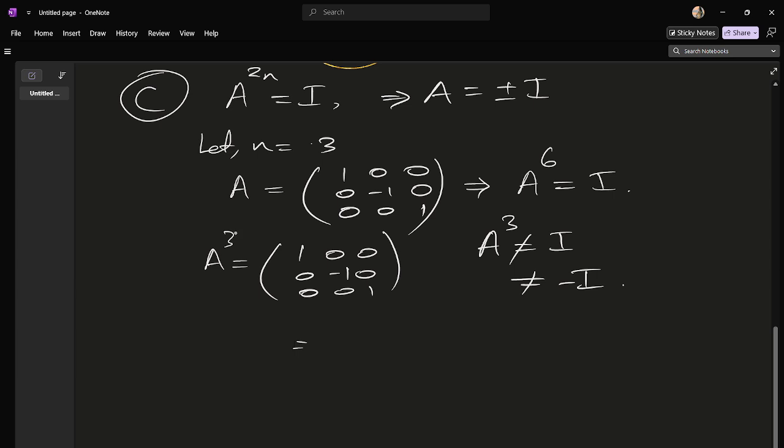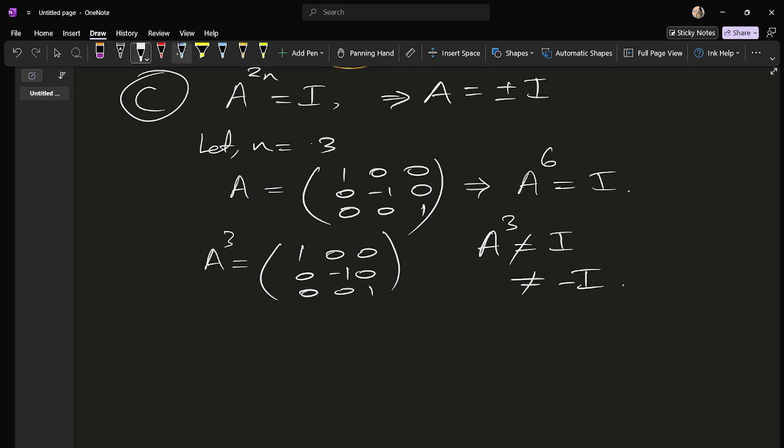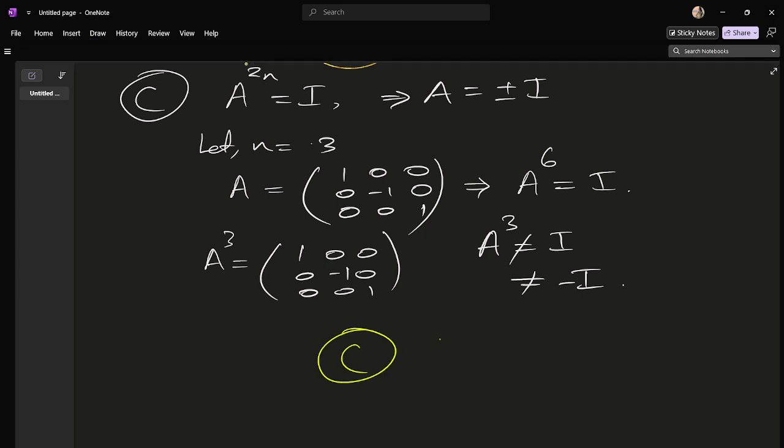So A cube is not identity and not minus identity, so C is also false.